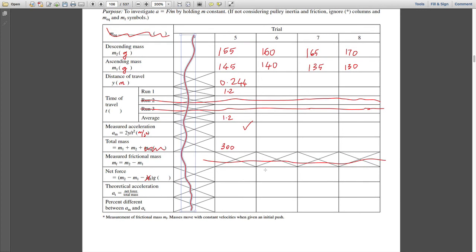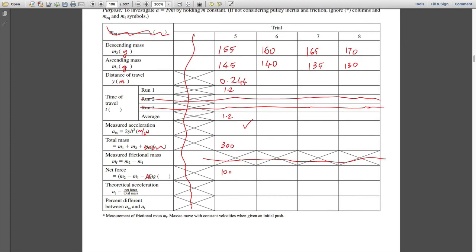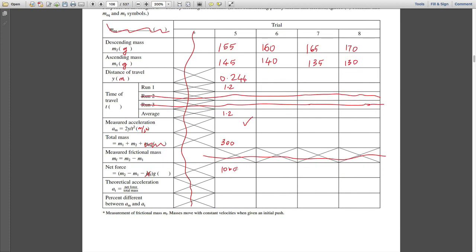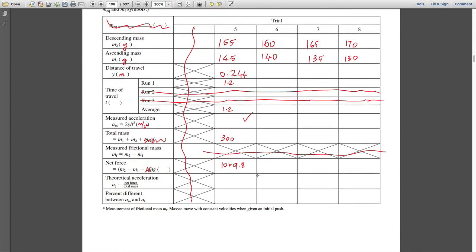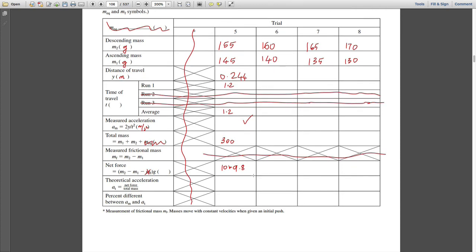Then now what will you do? Mass 2 minus mass 1, that means 150 minus 145, that's a 10 gram difference. So 10 gram multiplied by 9.8. This is not in Newton, this is in gram meter per second squared.